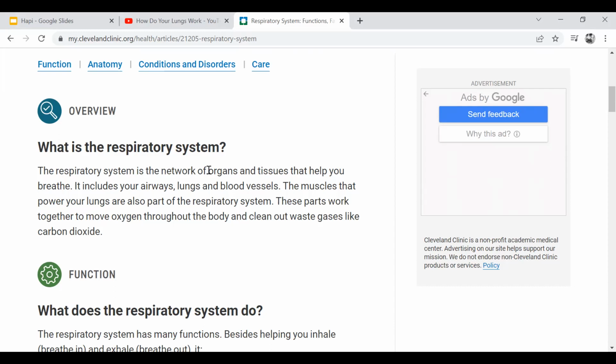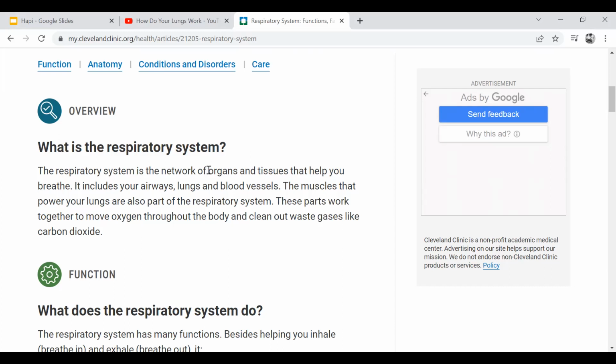Wow. Give thanks. The respiratory system is the network of organs and tissues that help you to breathe. Good. It includes your airways, lungs, and blood vessels. The muscles that power your lungs are also part of the respiratory system.